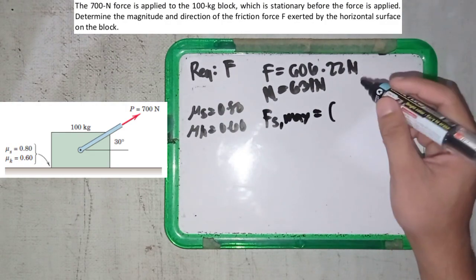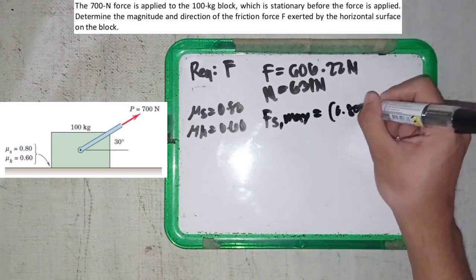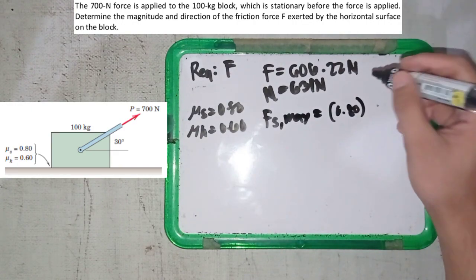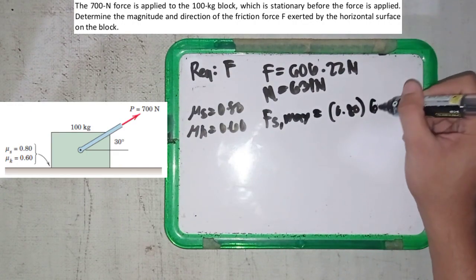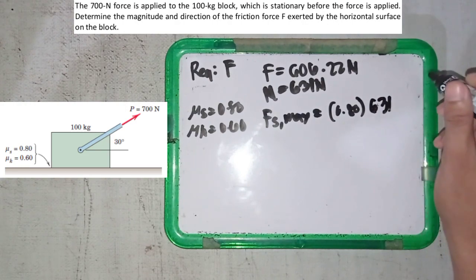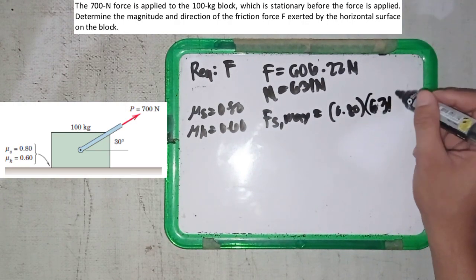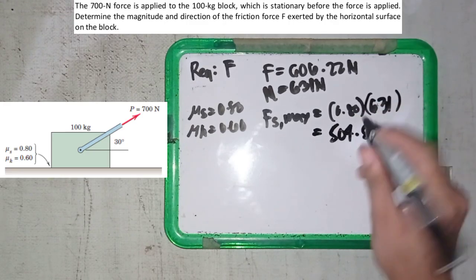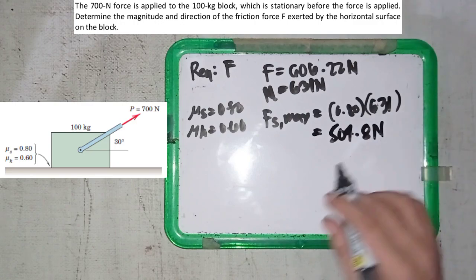From the formula, 0.8 multiplied by the normal force, which is 631 newtons, what we have here is 504.8 newtons.